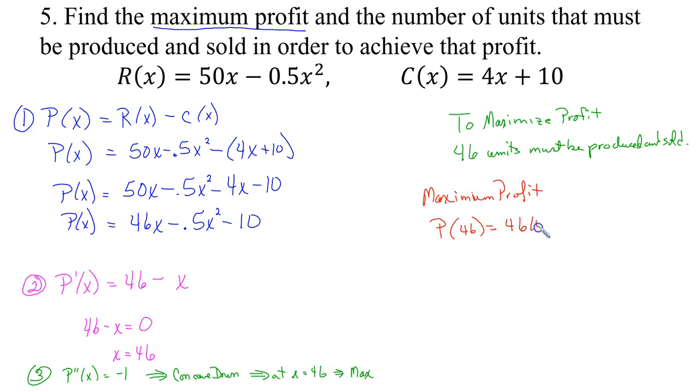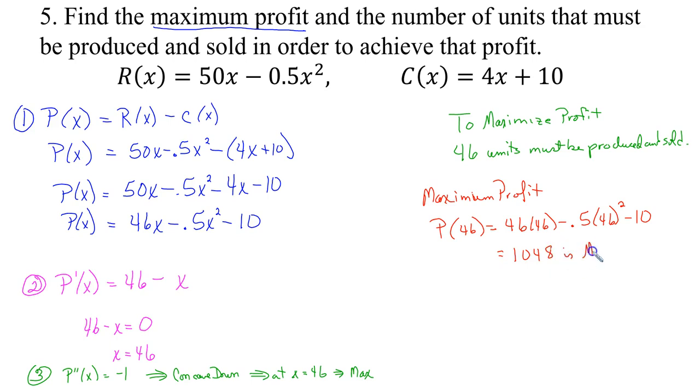So 46 times 46 minus 1/2 times 46 squared minus 10 is going to be 1048. All right, so 1048 is our maximum profit.